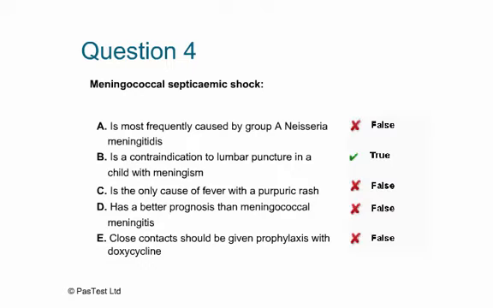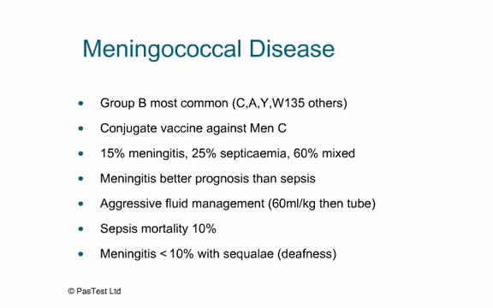Meningococcal disease is most commonly caused by Group B Neisseria meningitidis. The other subtypes that commonly or more rarely cause disease are C, A, Y, and W135. There is no vaccination against Group B meningococcus.